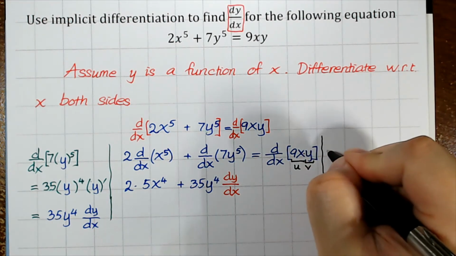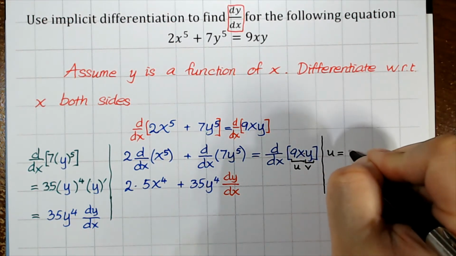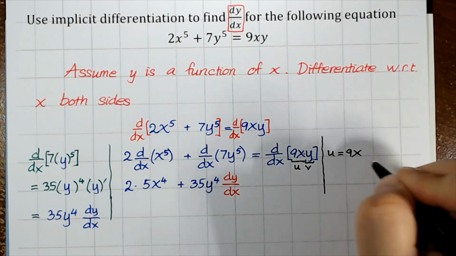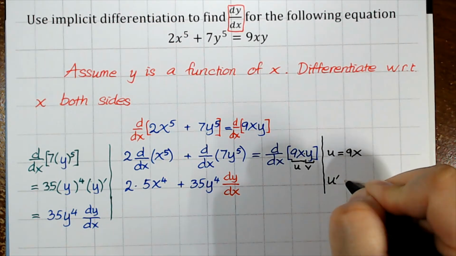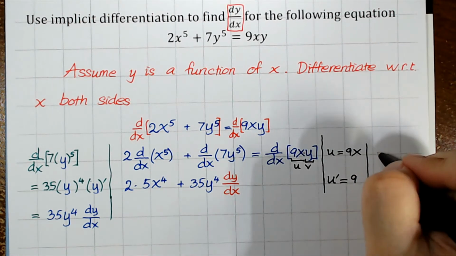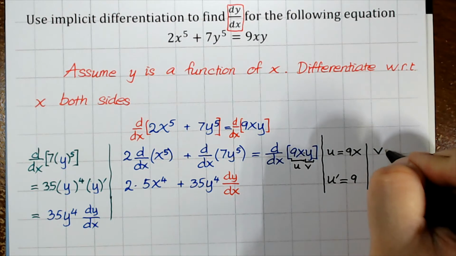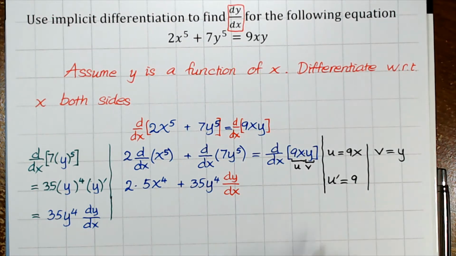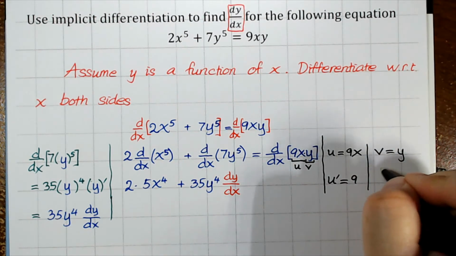Right. So u will let equal 9x. The derivative of it is 9. v is equal to y. The derivative is just y prime.